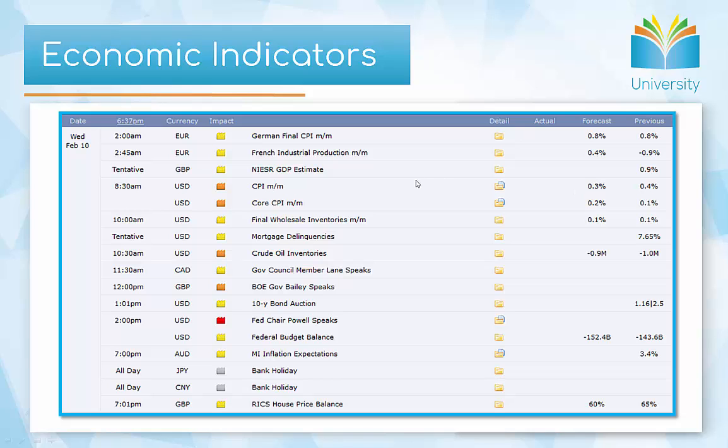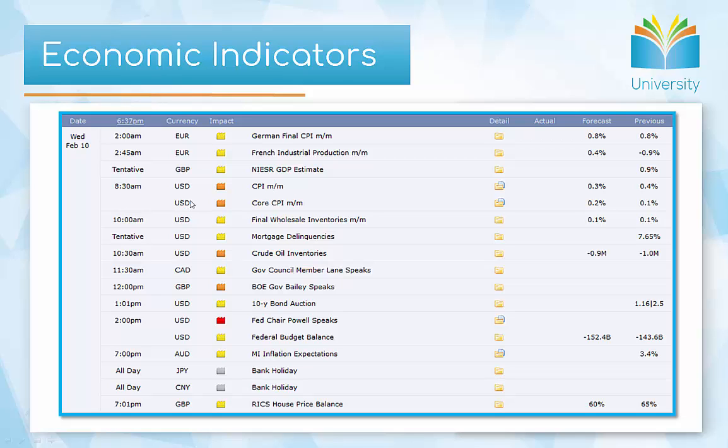But if it jumped up more than expected, people would say, well, currency devaluation, et cetera, there could be an impact to that. Usually, a simple gauge is if the number is better economically than expected, the currency will go up. If it's worse than expected, maybe the currency will go down.